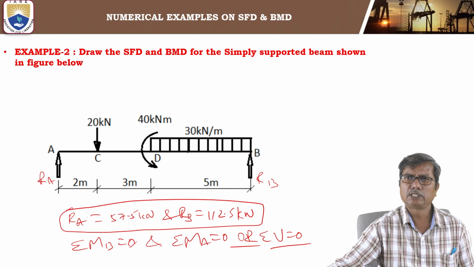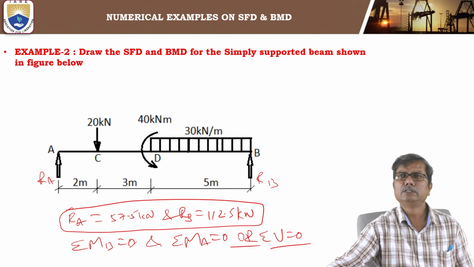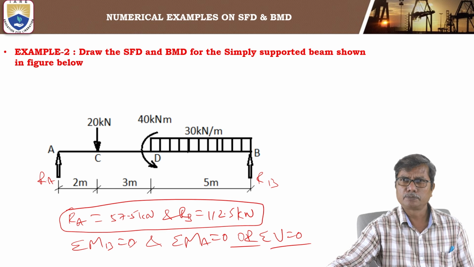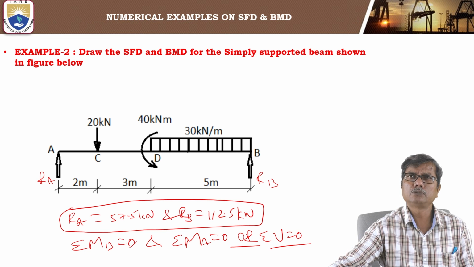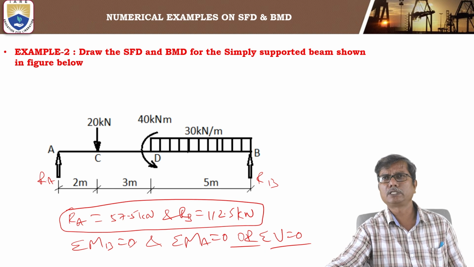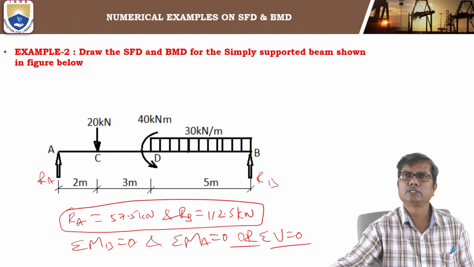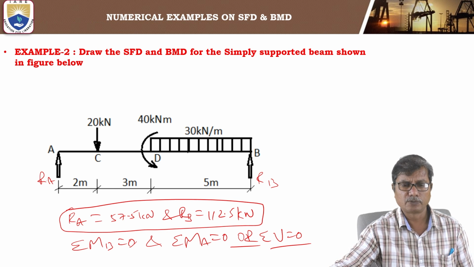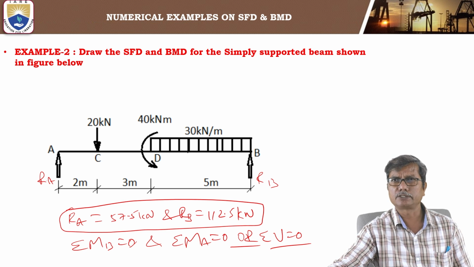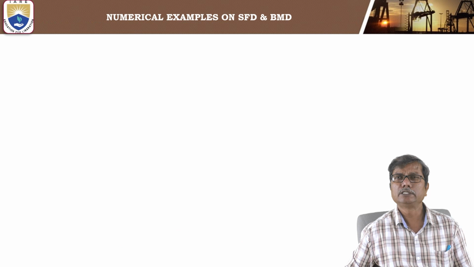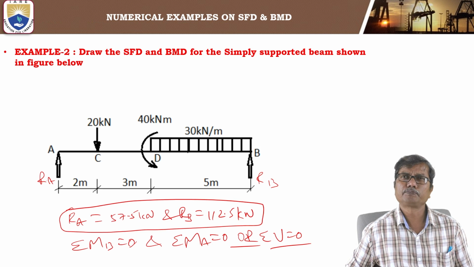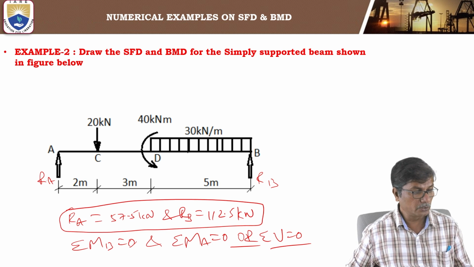So the very first step is to calculate the support reactions. Before proceeding to find the shear force and bending moment at various sections, first we have to find the support reactions. In any beam, we need to first find the support reactions.